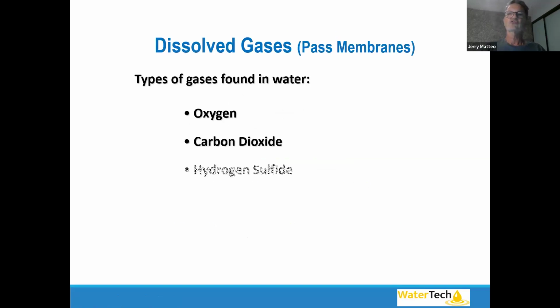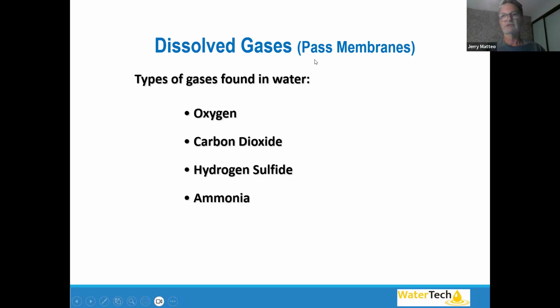Okay, gases also can be dissolved in our water. Oxygen, hydrogen sulfide. I don't know if you've ever been around a septic well. We do some work in the Dominican Republic in Punta Cana. It's a vacation spot, but they take a lot of water out of an aquifer there, and around some of the resorts, there's a lot of hydrogen sulfide in the water. Another reason why I mention this is that dissolved gases pass through reverse osmosis membranes.